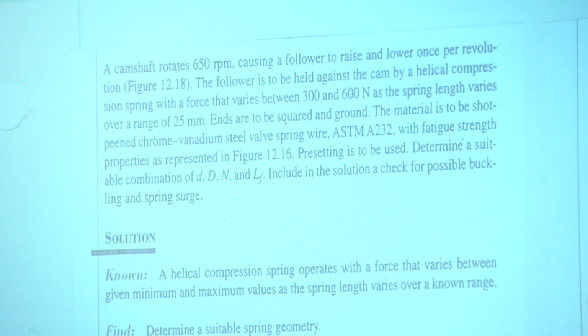So if in the final there is a design problem on springs, then you will be told what to assume so that all of you will solve the same problem. Otherwise, you'd be solving different problems, all of which could be right.